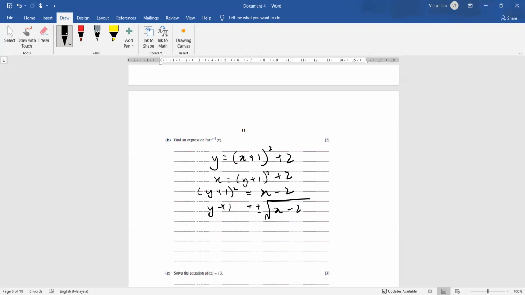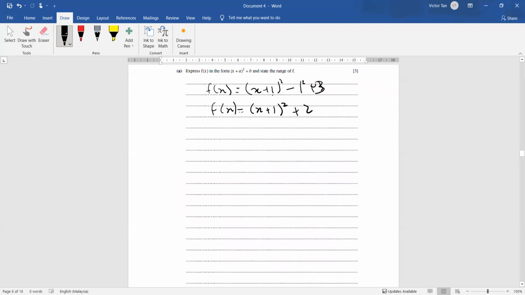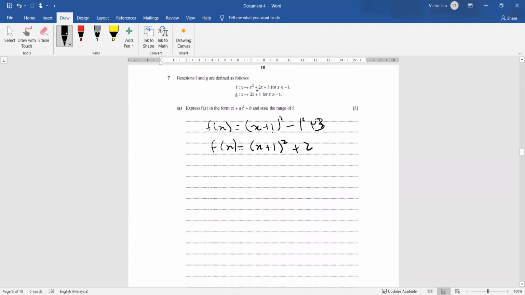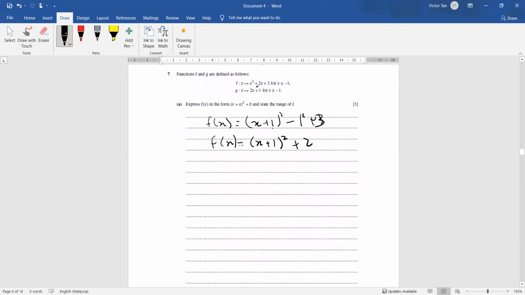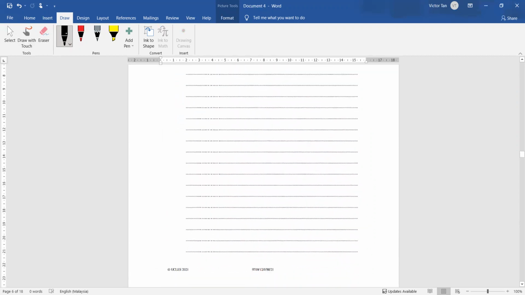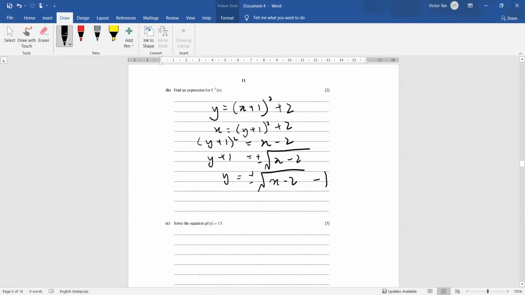I'll explain to you when it is minus and when it is plus. There is basically a very simple rule to follow. This graph here, (x plus 1) squared, has a minimum point of (-1, 2).